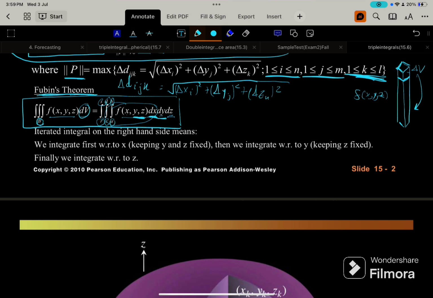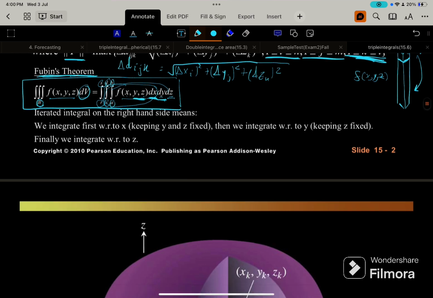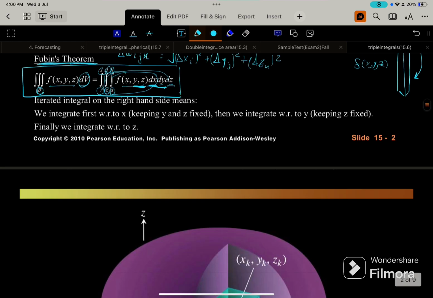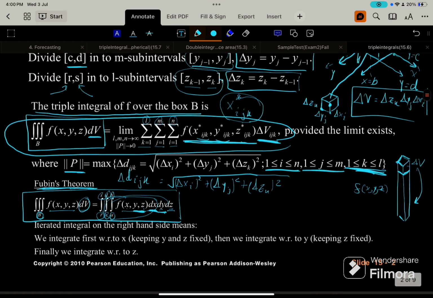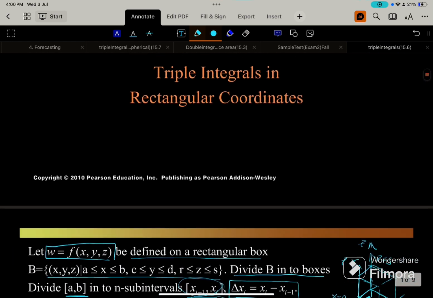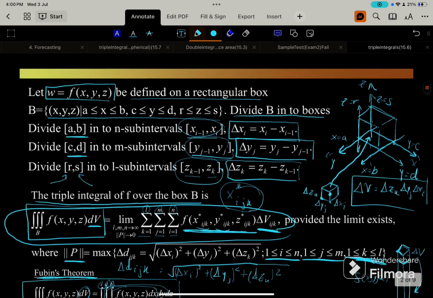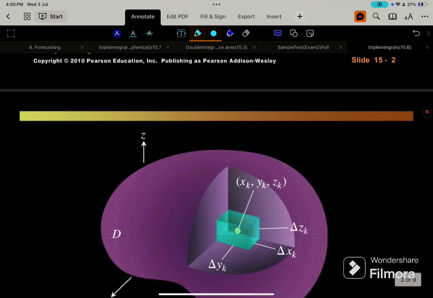We keep x and z constant, and then we do the same for z. And so we get this value, and this value gives us the triple integral. The triple integral is useful in, for example, finding the volume. It's another way of finding the volume.